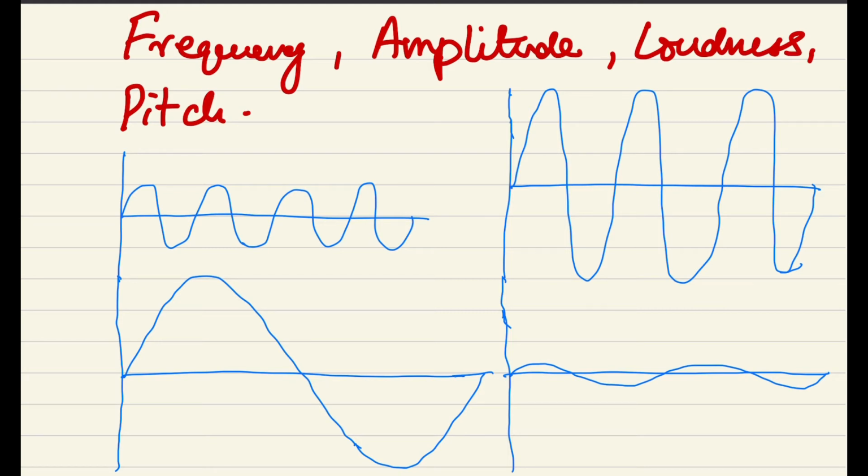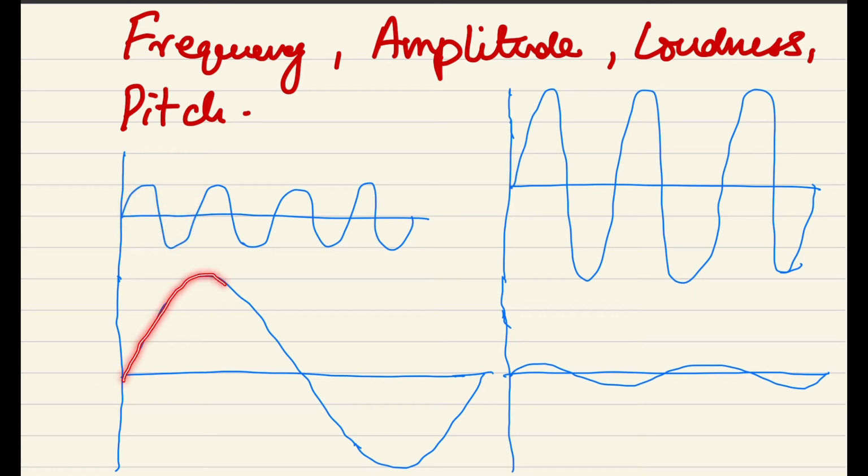Okay, now let me just explain to you what a cycle is. So for this wave, the cycle is starting from this position. It goes to the positive maximum, then back to 0, negative maximum, back to 0. So from here to here, one cycle has been completed. Okay, now look at this. It has taken this much time. Now let's compare it with this cycle.